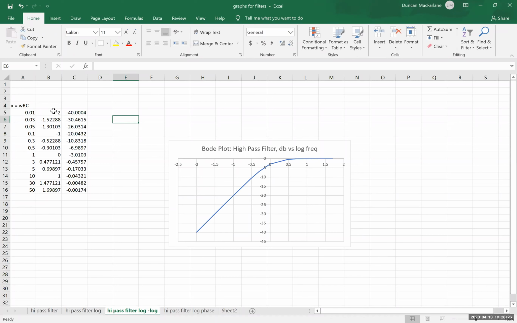And then I take the log of those frequencies, and I spend a little bit of thought about not taking too many points, because the log will smooth all that out. And then 20 log of the transfer function. Okay.